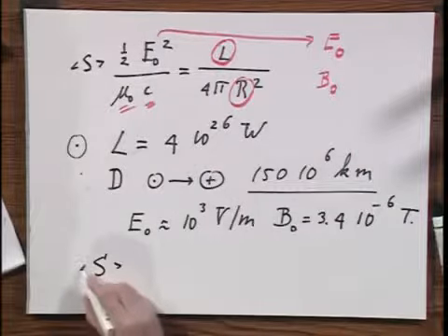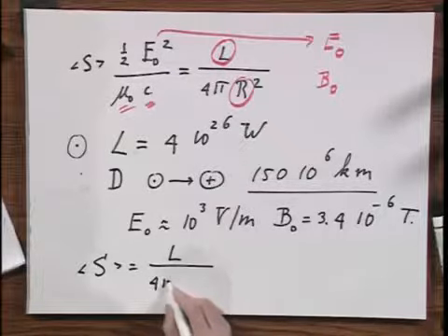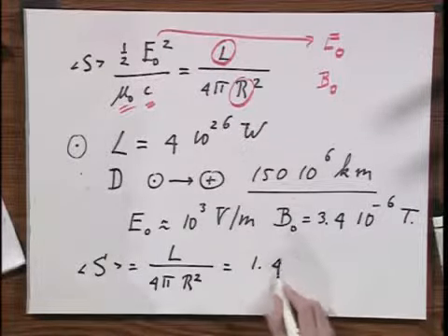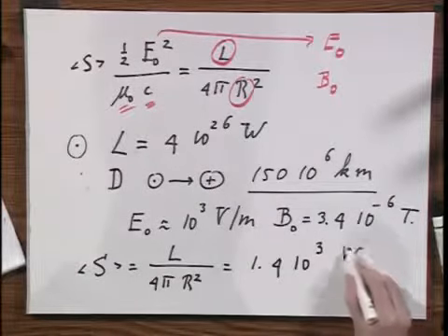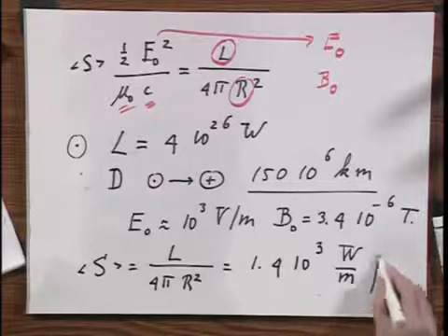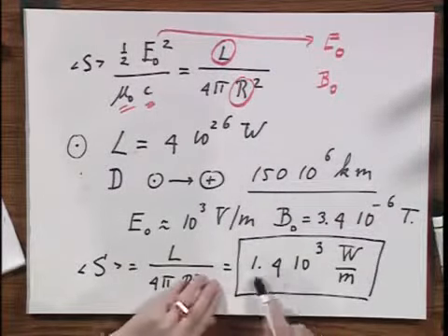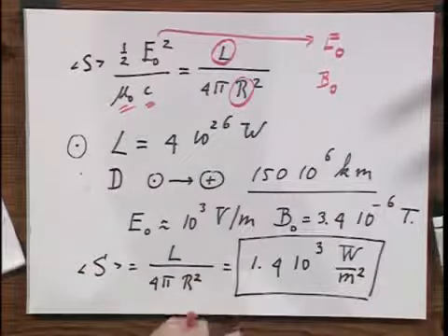And the mean value of the Poynting vector, which is the luminosity of the sun divided by 4 pi r squared, is the famous number 1.4 times 10 to the 3 watts per square meter. And this number, I will come back to, is very important. It's a little bit more than 1 kilowatt per square meter. And what does that mean?